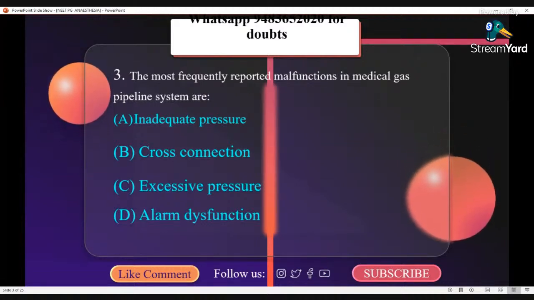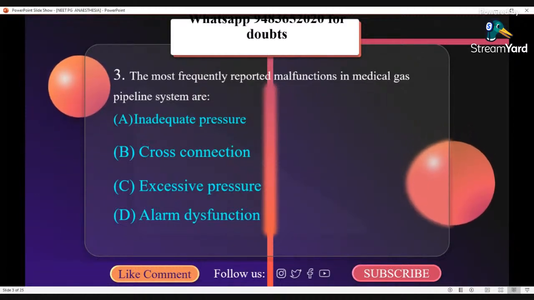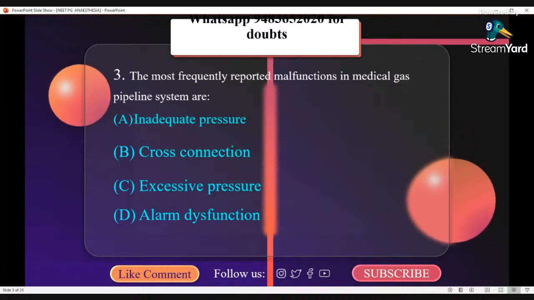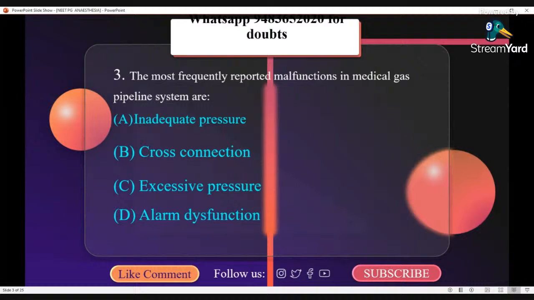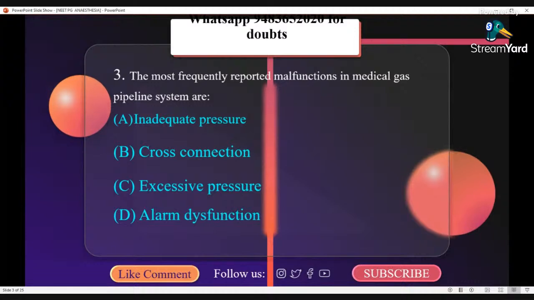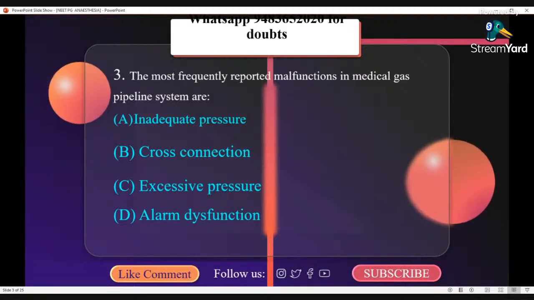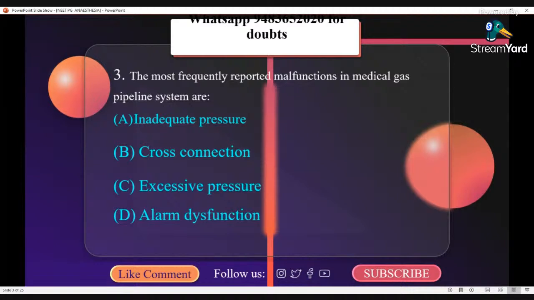Sometimes there can be accidental closure of a shut-off valve, which can be dangerous. Obstruction due to debris following installation, pipes can kink, there can be a leak, obstruction of a hose, contamination, accidental shutdown.